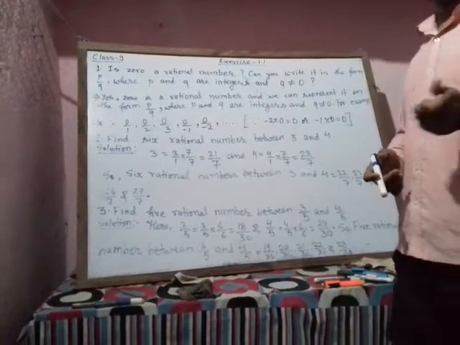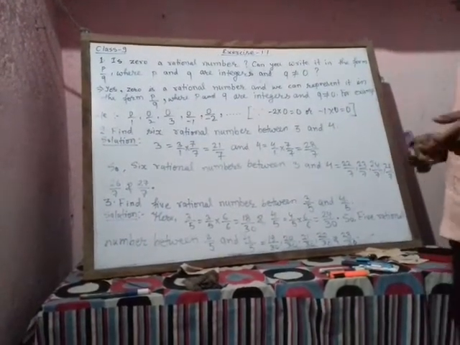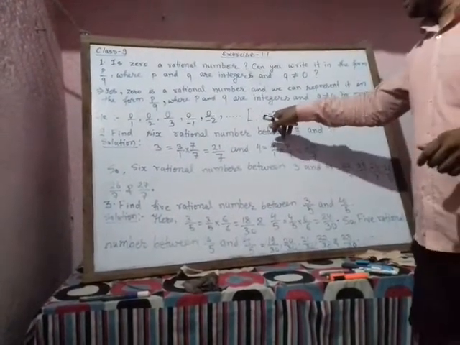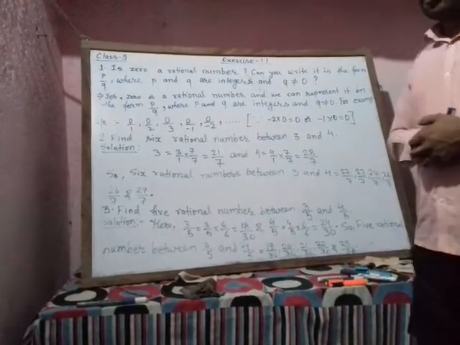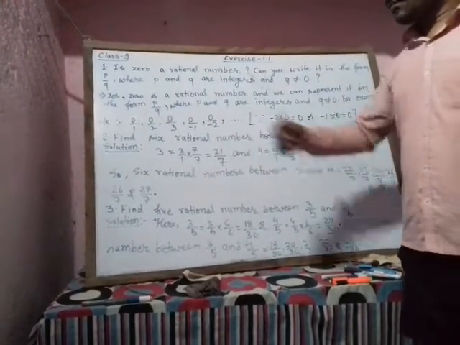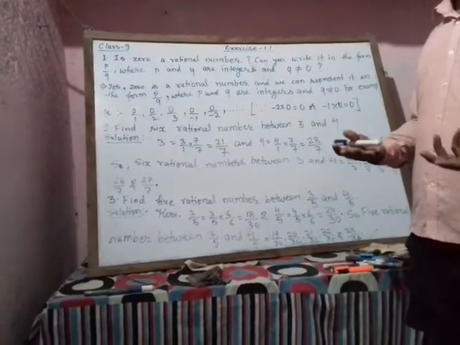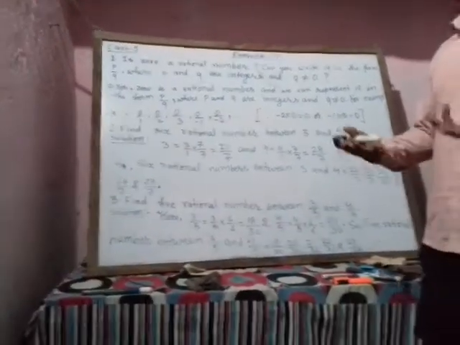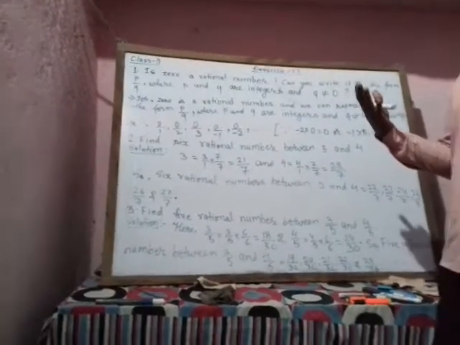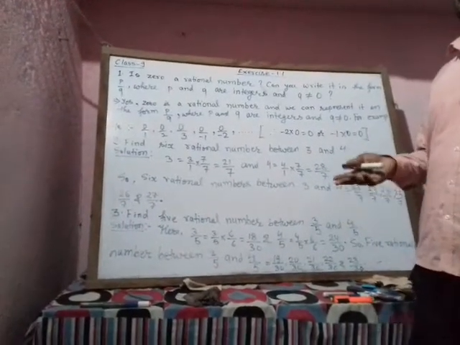Why? Because suppose we write minus 2 into 0 is equal to 0. If the denominator were 0, then the solution would be indefinite, because 0 multiplied with any number becomes 0.